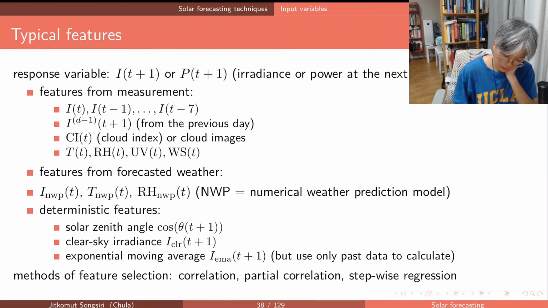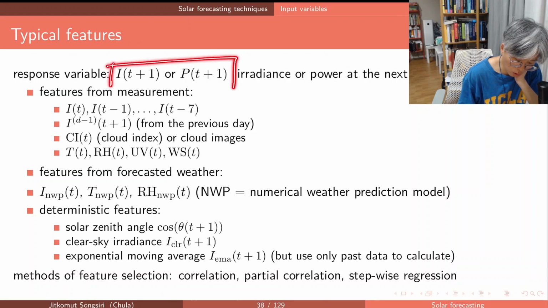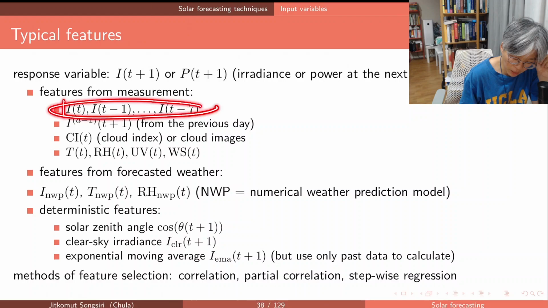Now, as I mentioned, for solar forecasting, this is an example of performing a forecast of one step, just the next time step. The features from the measurement would be the past measurement of I, right?